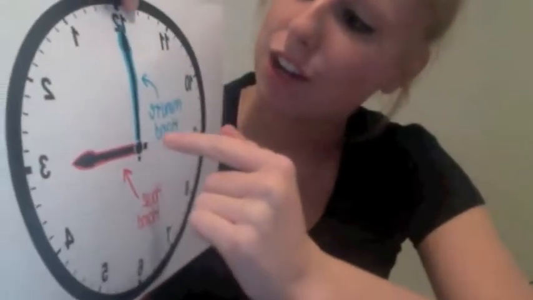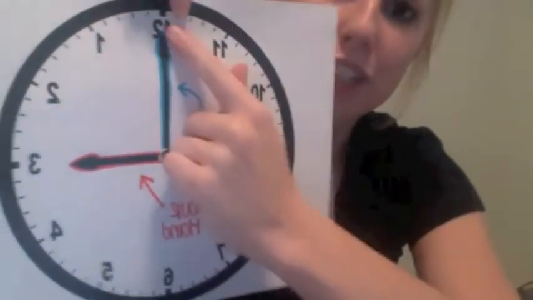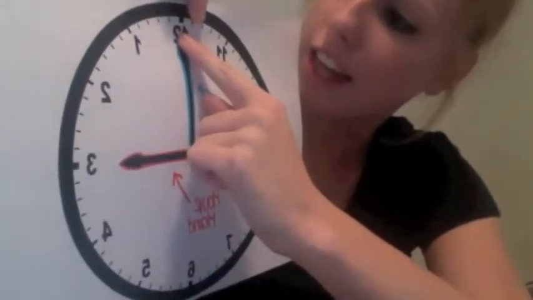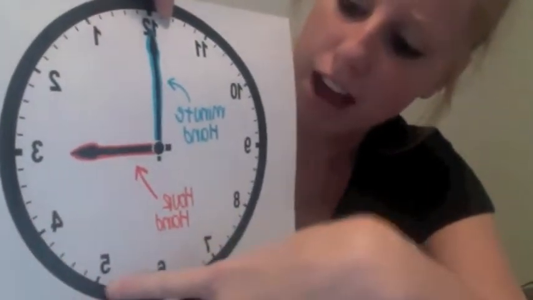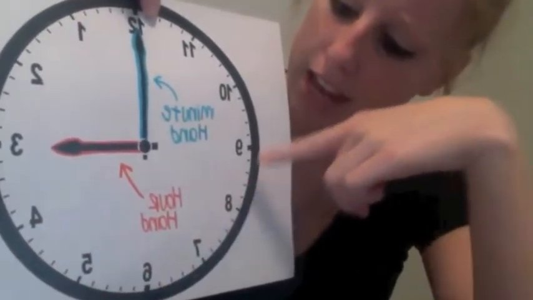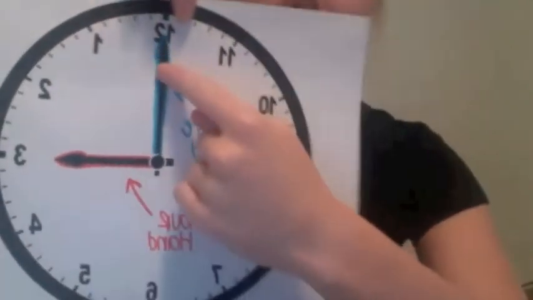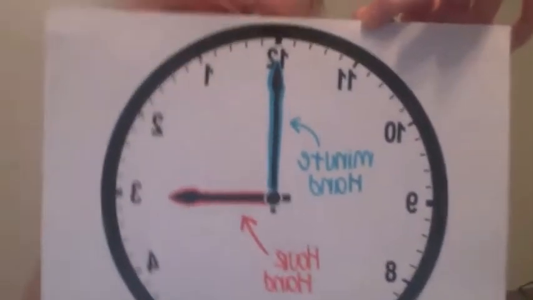So we have the analog clock, which starts with 12, and then it goes to 1, 2, 3, 4, 5, 6, 7, 8, 9, 10, 11, 12, all the way back in the circle. And those are our hours of the day.